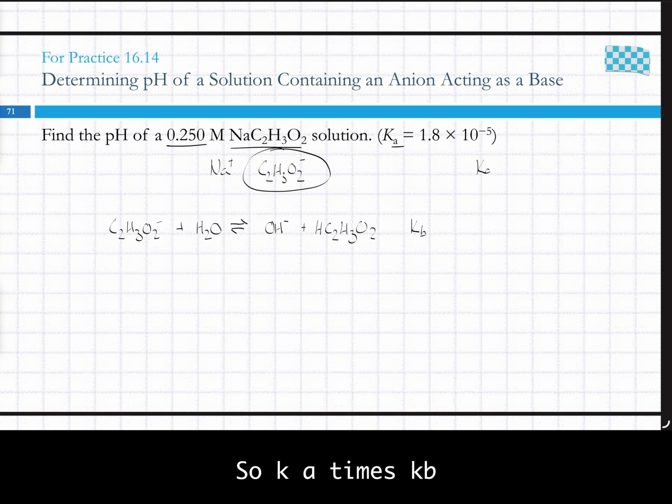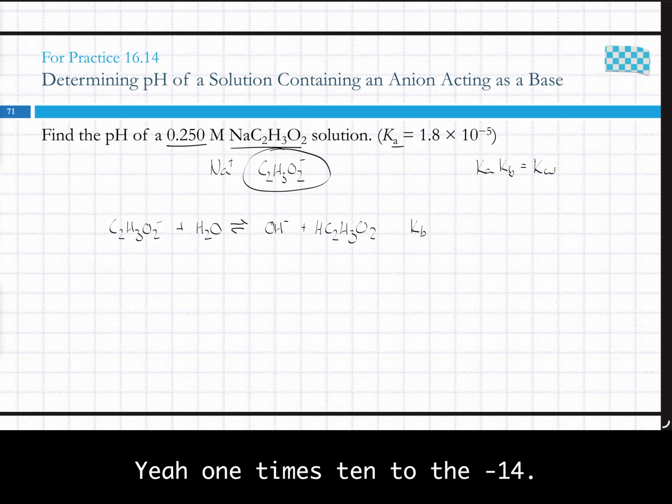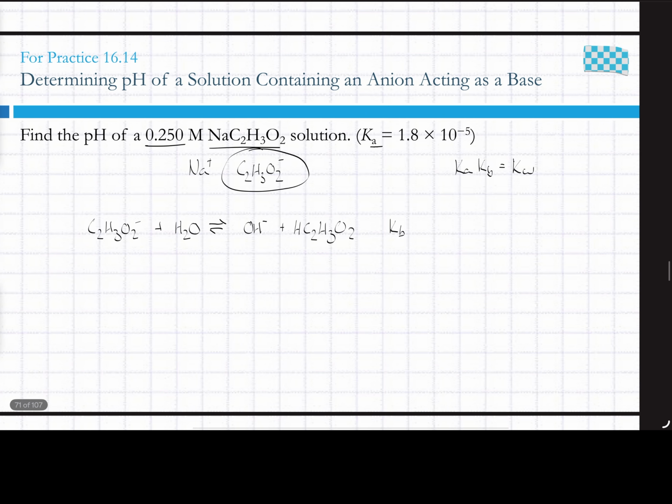So Ka times Kb equals Kw. What's Kw? 1 times 10 to the negative 14. That's always the case.